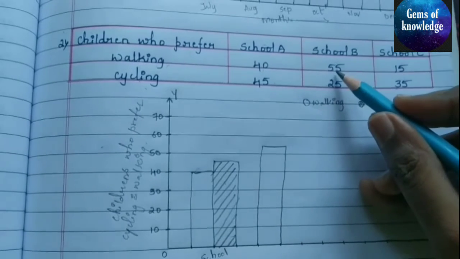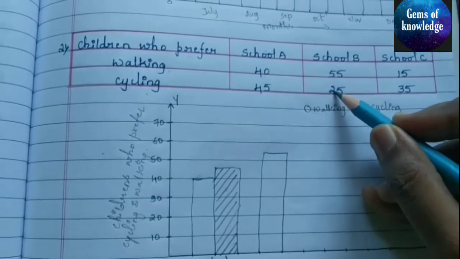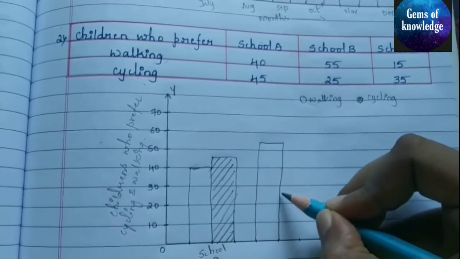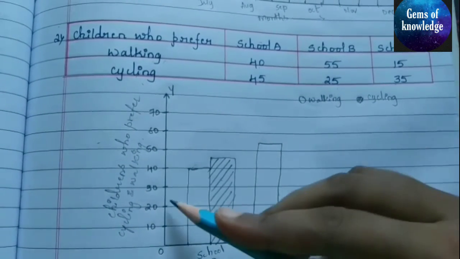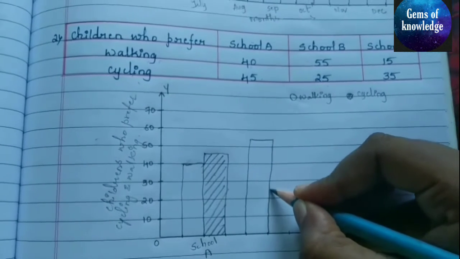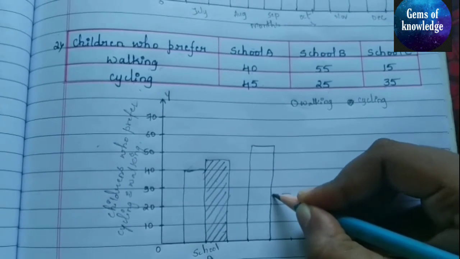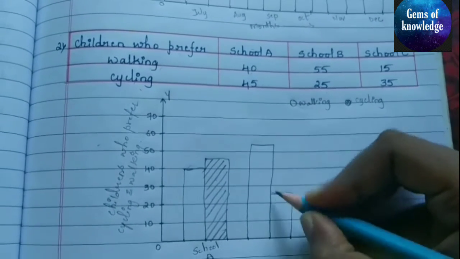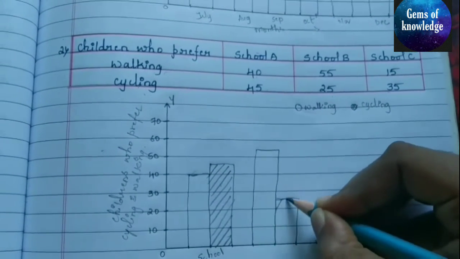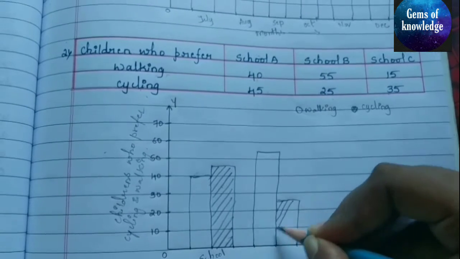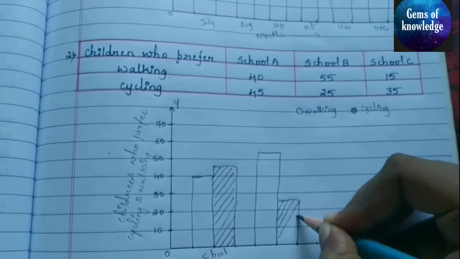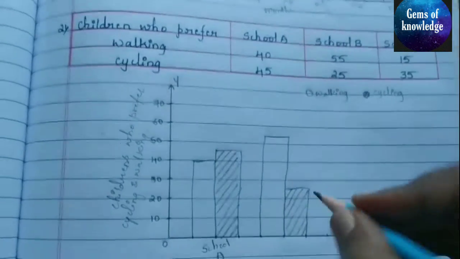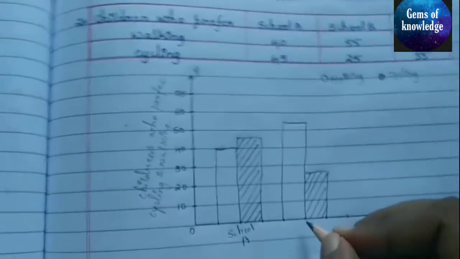Then the same school prefers cycling by 25 students. So we mark 25 somewhere here, between 20 and 30, and this part is shown for cycling. Mark with the stripes. This is school B.